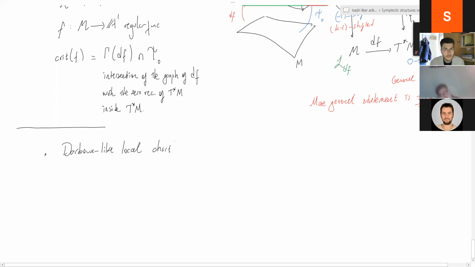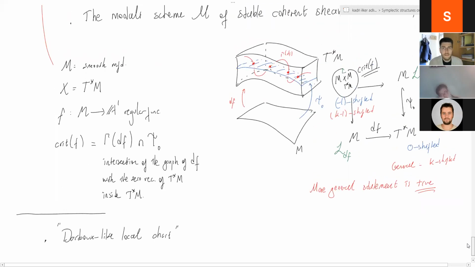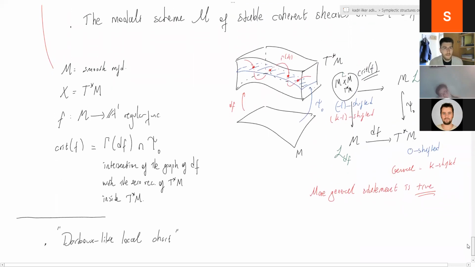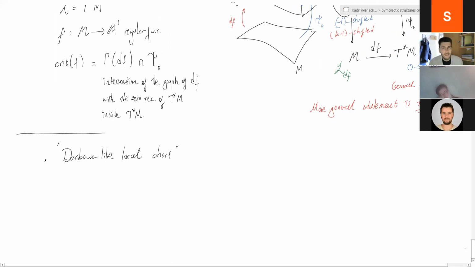It is possible because when you have minimal standard form CDGAs with many generators in different degrees, you can play with them and construct a Darboux-like chart for a given symplectic derived K scheme.